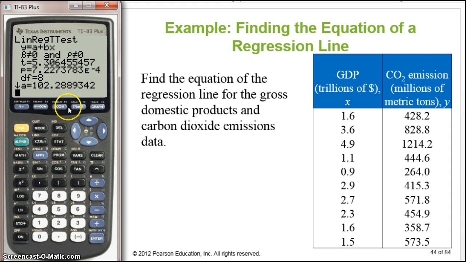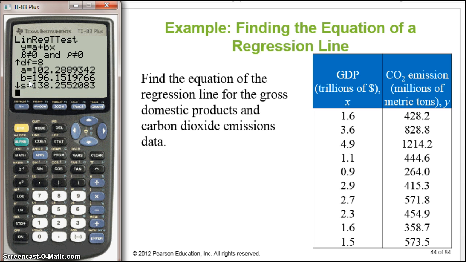So scrolling down here, you see that a equals 102.289, I'm rounding, and b is 196.152, and I'm rounding that. Okay, a is your y-intercept and b is your slope.